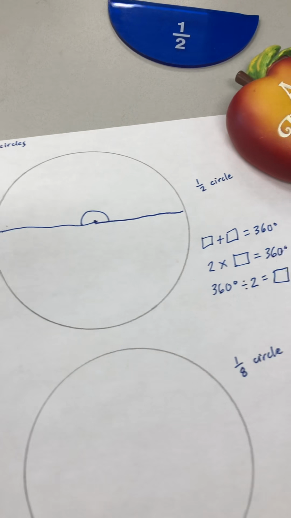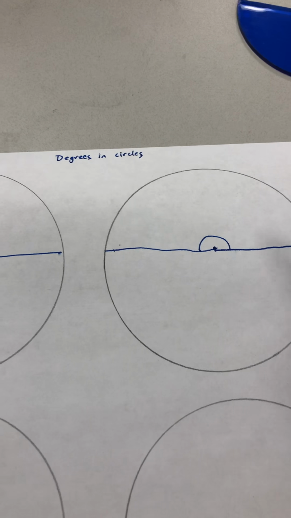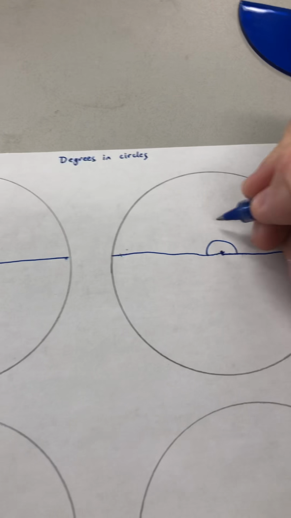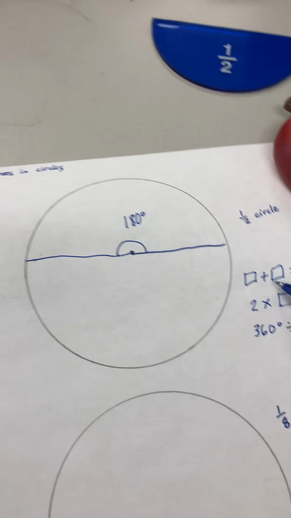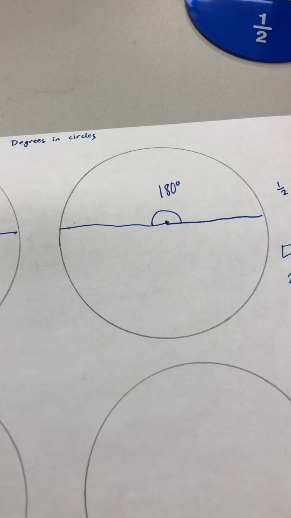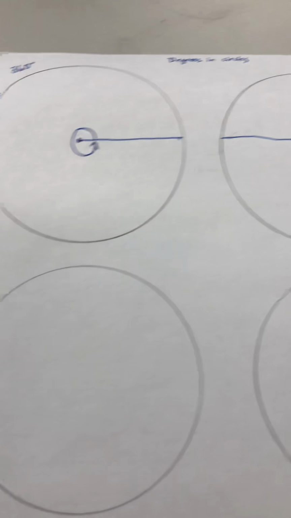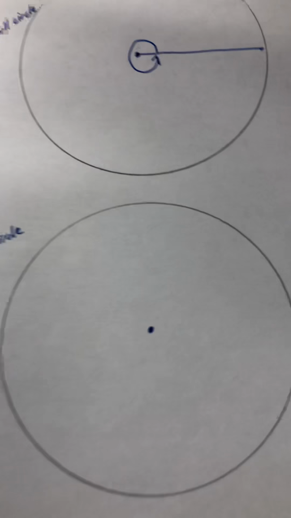How many degrees am I coming up with? So we're using algebra here to determine that. So if the full circle was 360 and I've now split it into 2 parts, then this part of the circle, half of that, is going to be 180 degrees. 180 plus 180 equals 360. 2 times 180 is 360. And 360 divided by 2 is 180 degrees. All right, so then if I want to look at 1/4 of a circle.